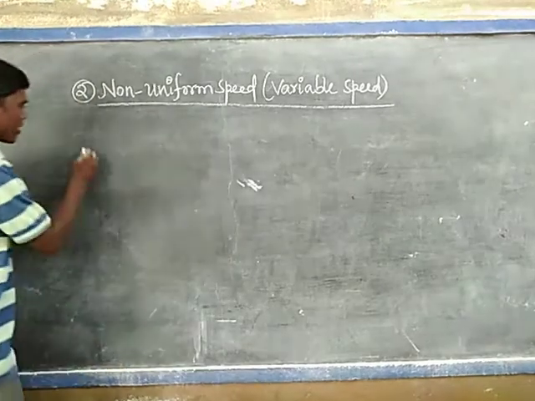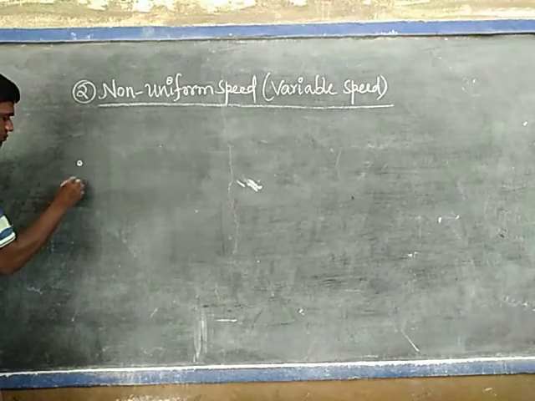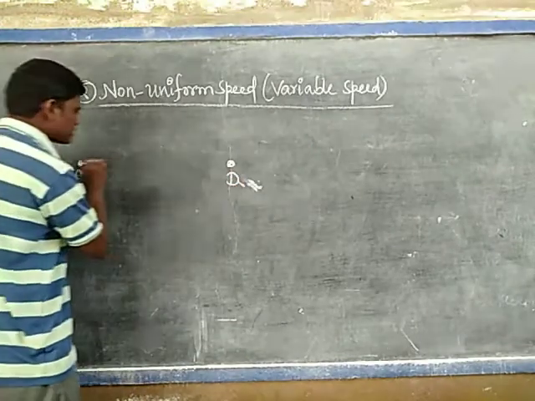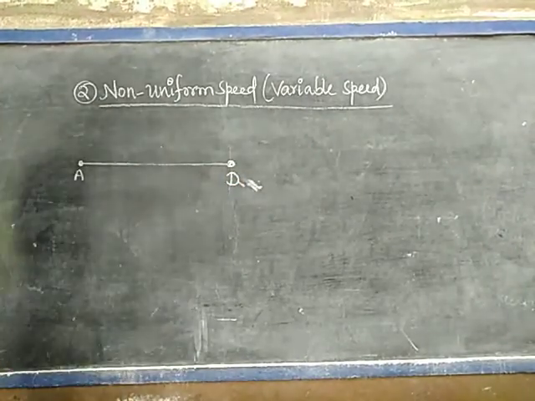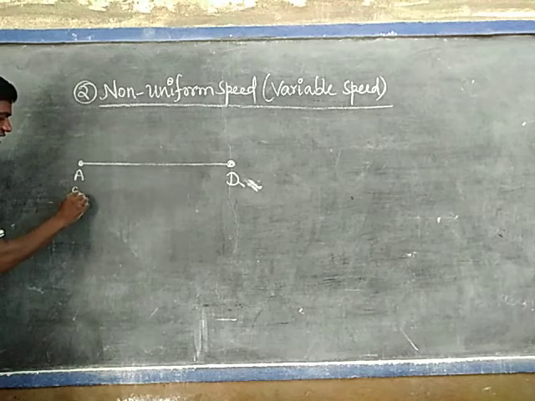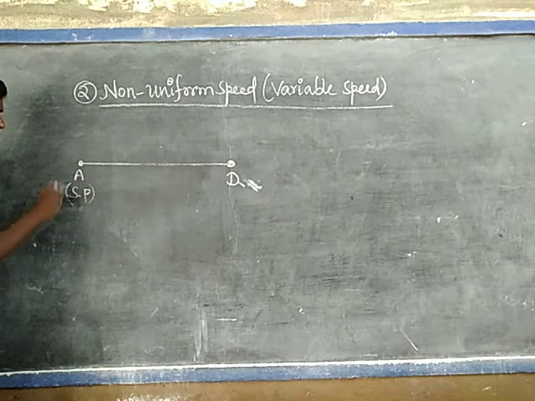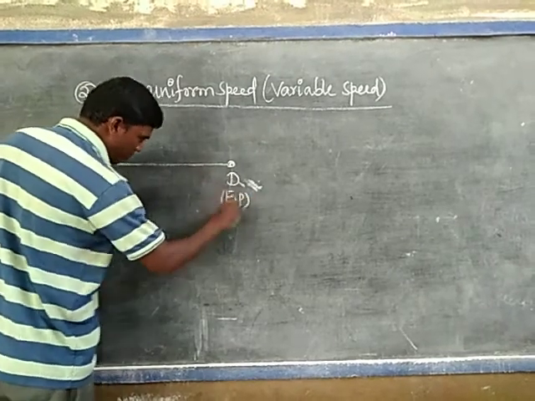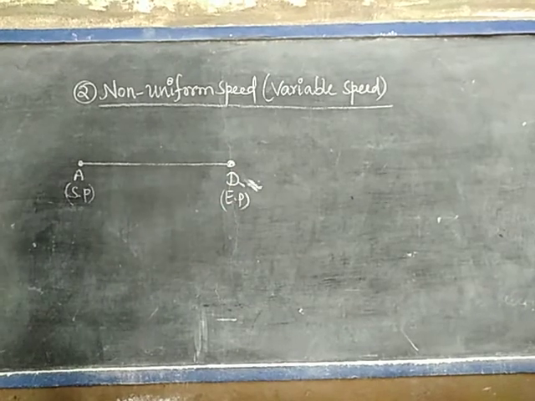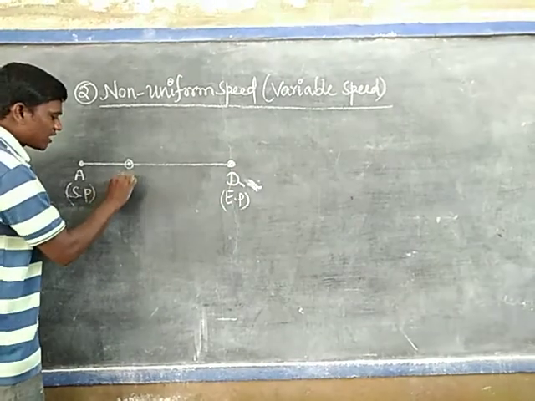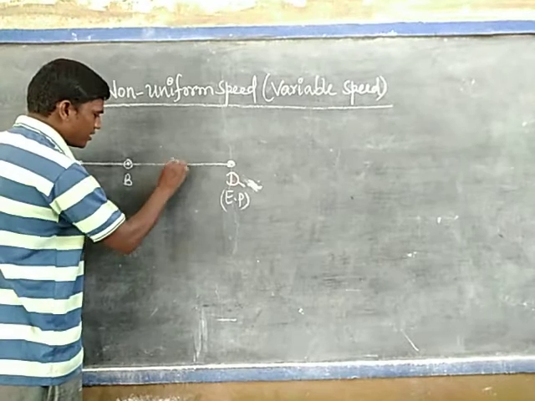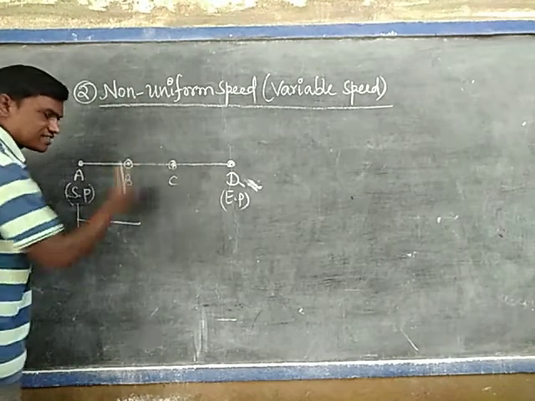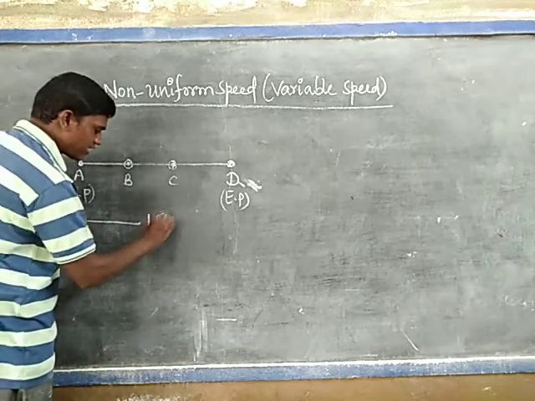So let me come to that point. The same previous concept we consider. If we consider two places or two towns, A and D, A is the starting point and D is the end point or final point. Now between A and D, we consider two places, B and C. The total distance is 150 kilometers.